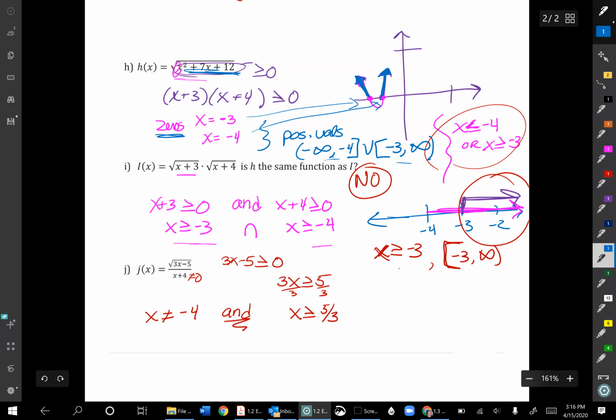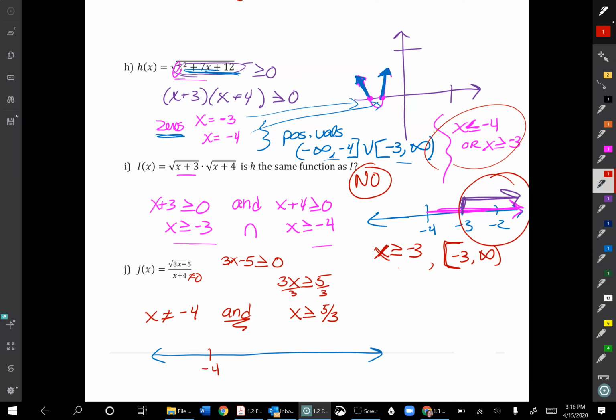So again, just graphing it really helps. It helps you lay it out. So we would have negative 4, let's say like zeros here somewhere, 5/3. Okay, so I'm okay with having it greater than or equal to 5/3 going that way. I cannot have it equal to negative 4.